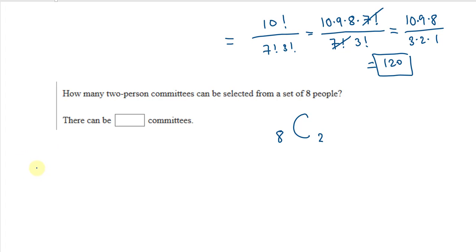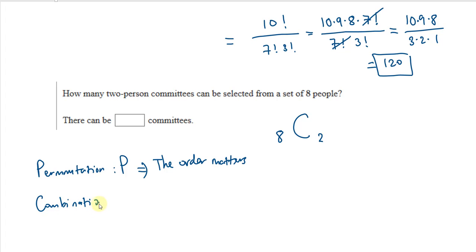For the permutation, P, the order matters. For the combination, C, the order doesn't matter. So in this case, because the order doesn't matter, we use C.